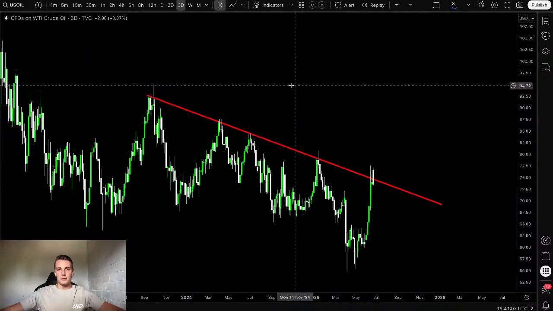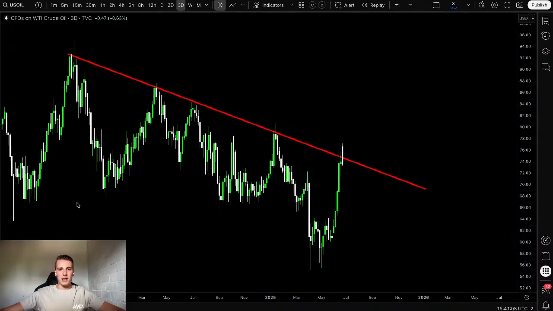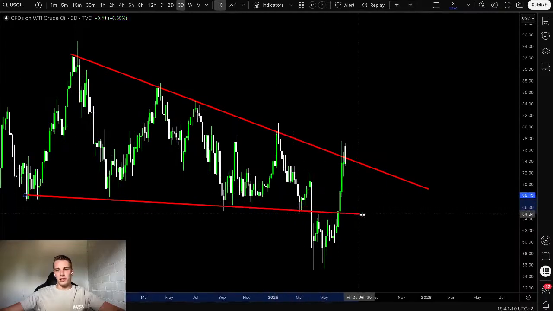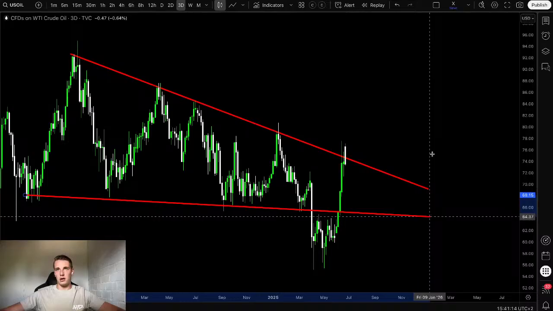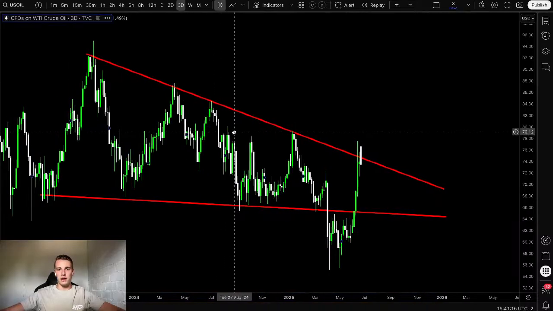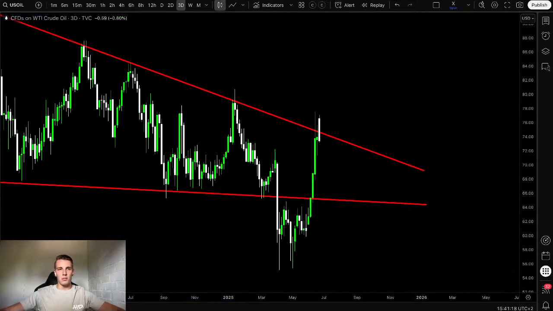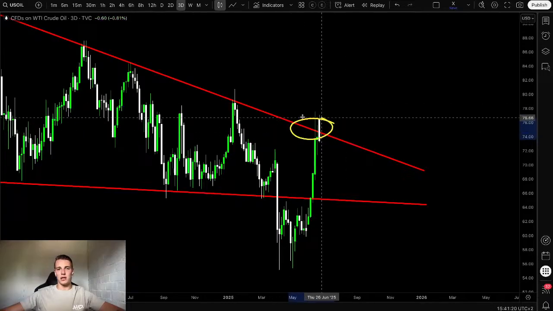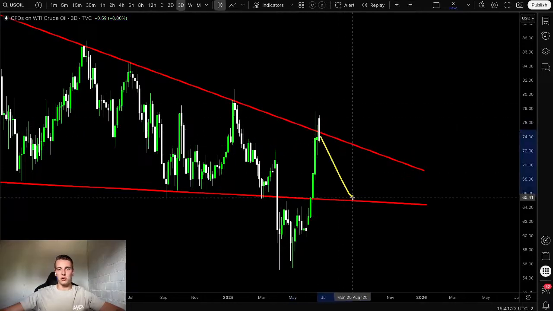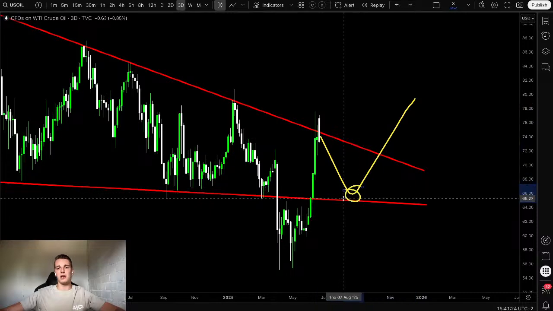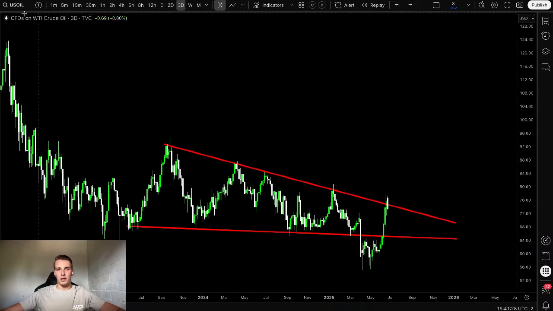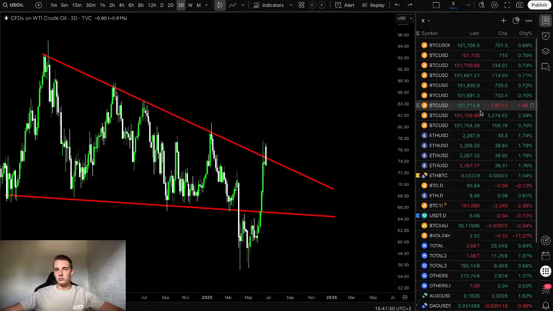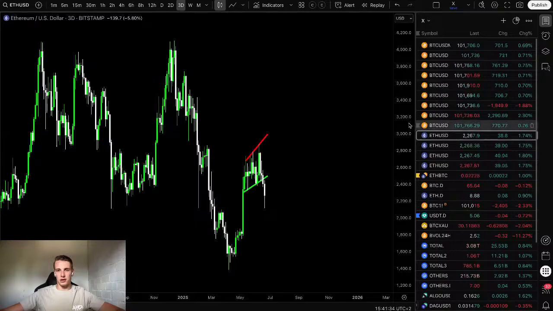I know I'm a crypto trader, but there are also some very big chances on oil now. For now we're just rejecting the top side here, so if we drop further towards the downside, I may be scaling into some oil, because that's a pretty high conviction setup.